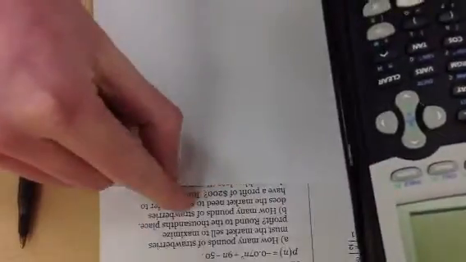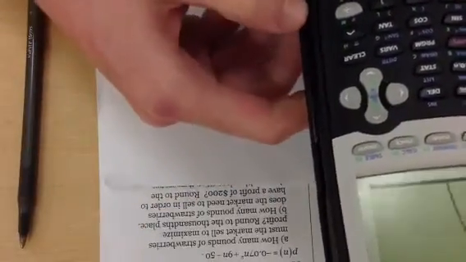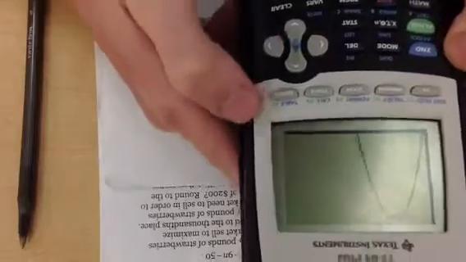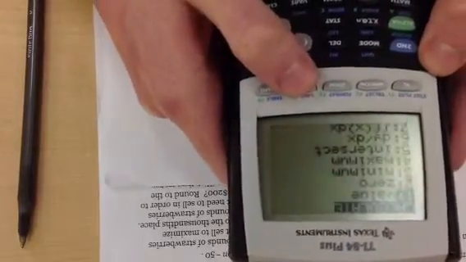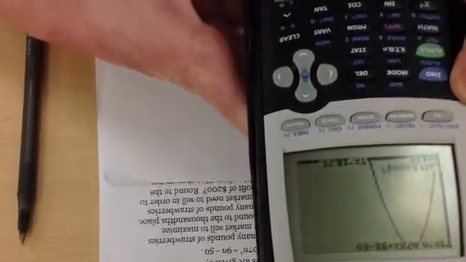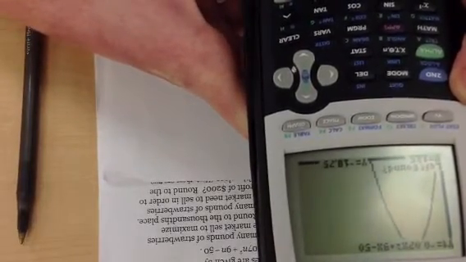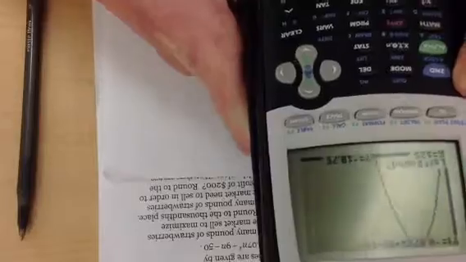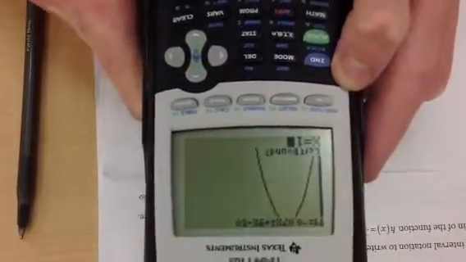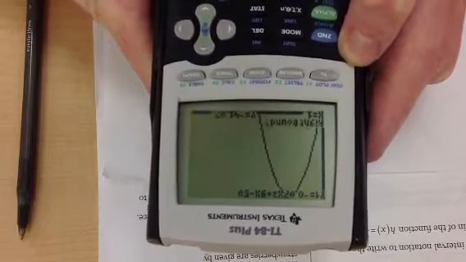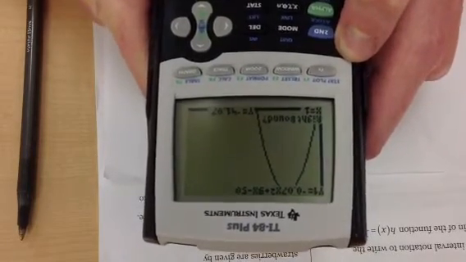Since it's asking how much the market must sell to maximize profit, we're going to hit second calc and go down to the maximum, or you could just hit 4. Once you've done that, the left bound is 125. We can change that to, let's just do 1. Then we can make the right bound, let's just do 225.